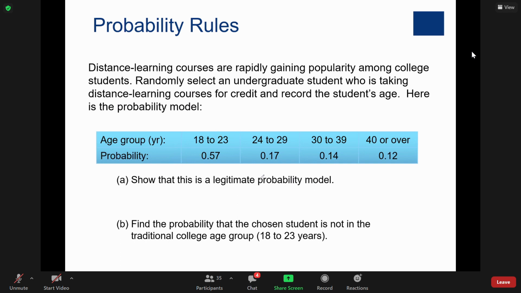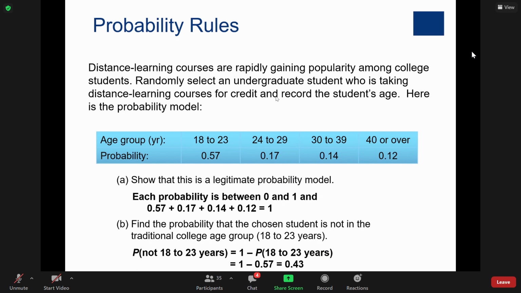Show that this is a legitimate probability model. Why is it a probability model? What should I do? What is required to make sure it is a probability model? Their sum is 1, and each one is between 0 and 1. Clear, each one is between 0 and 1. But we also have to evaluate the total, and it equals 1.